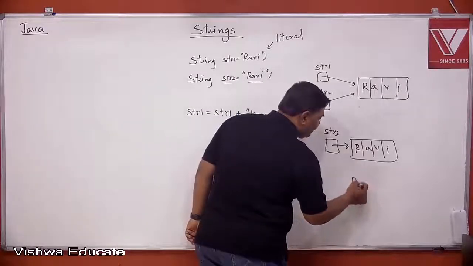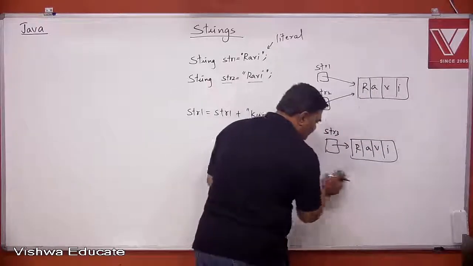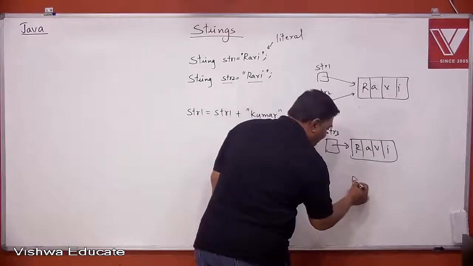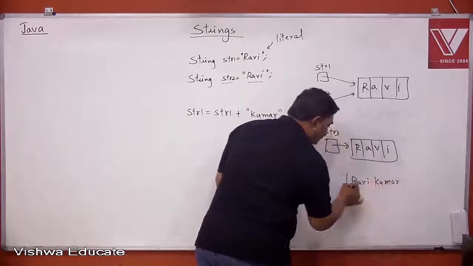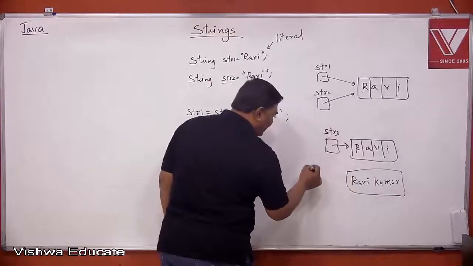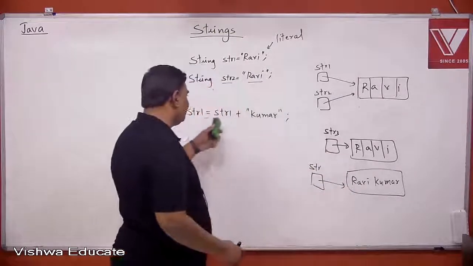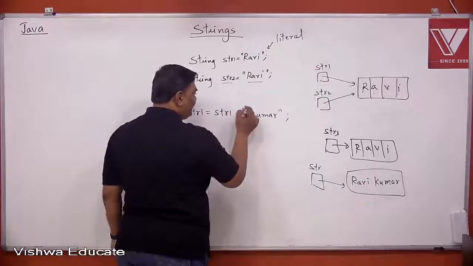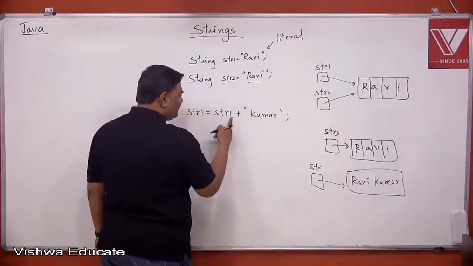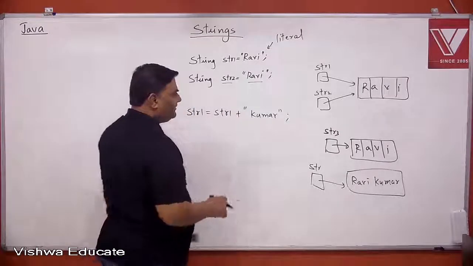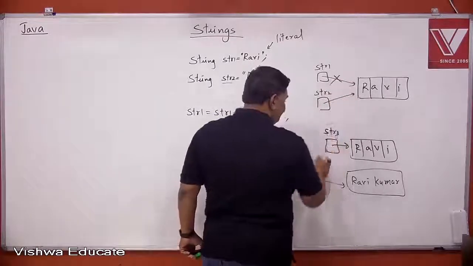Ravi. Okay, I will write the complete thing. A Ravi Kumar object is created like this. And str1 will be pointing on that one because this whole thing we have given to str1. So where is str1 now? It is not here, it is here.